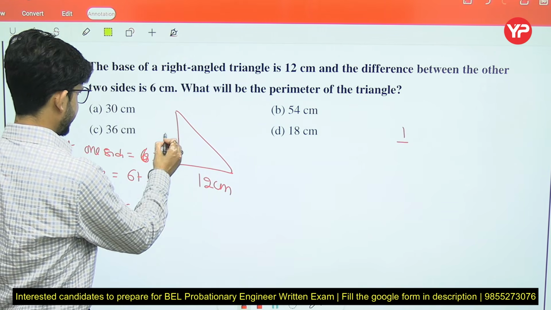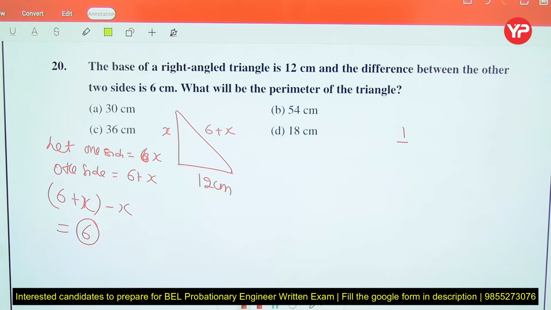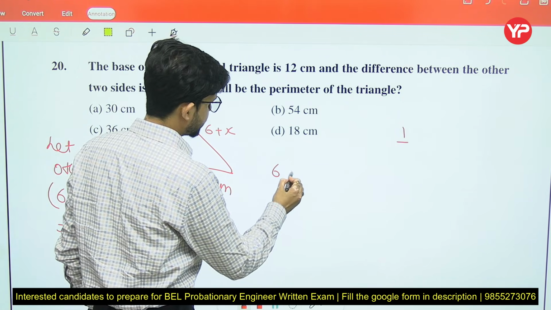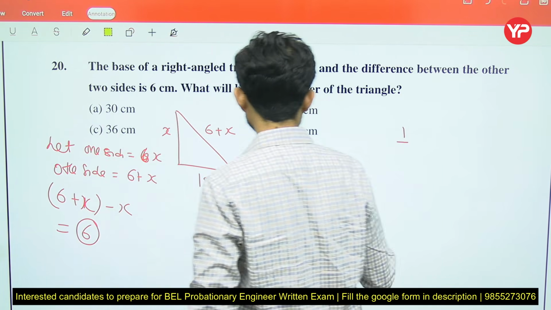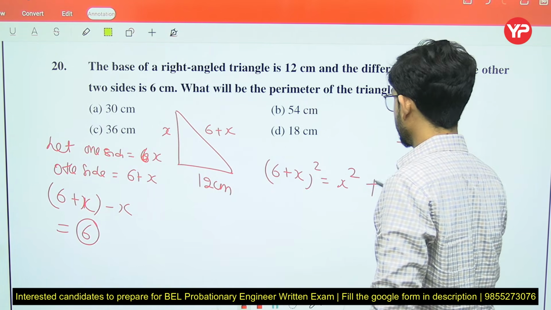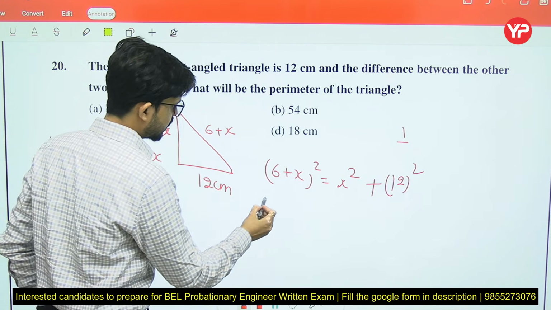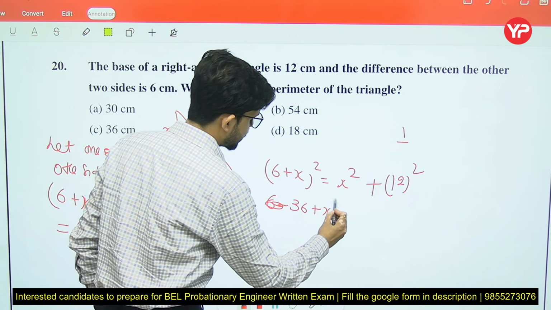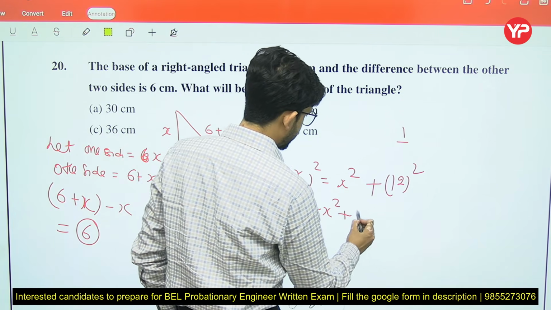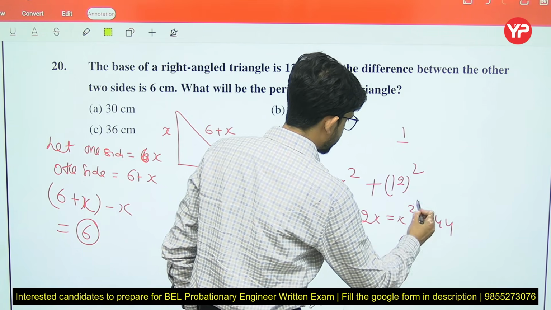So one side I am taking is x and this is 6 plus x. Using the Pythagoras theorem, (6 plus x) square is equal to x square plus 12 square. So we get 36 plus x square plus 12x is equal to x square plus 144.